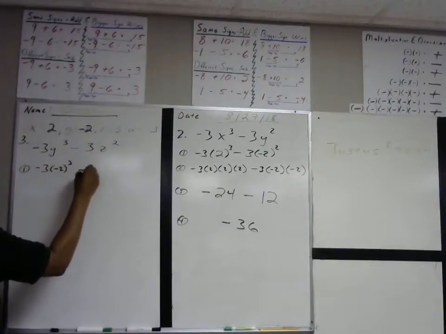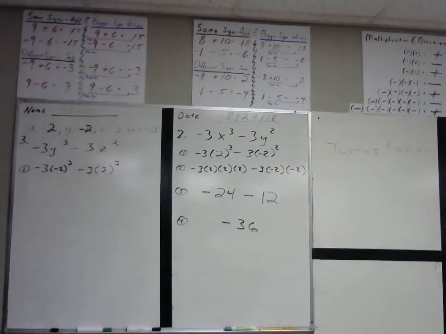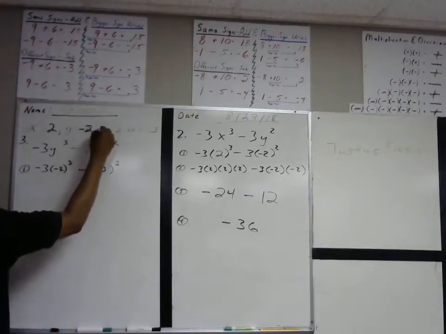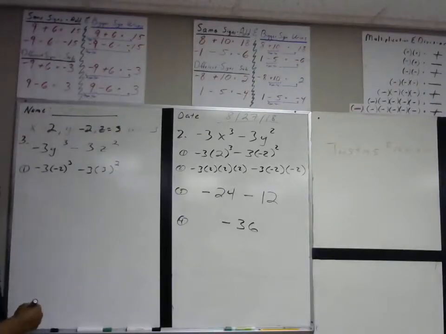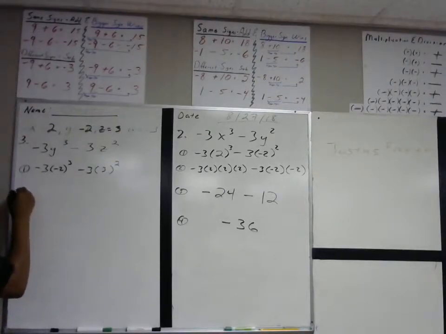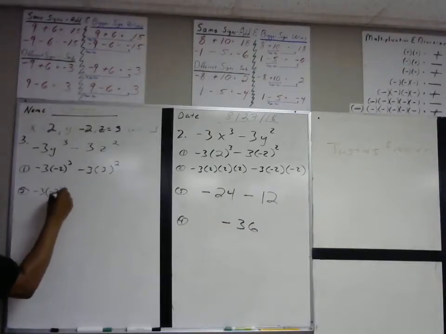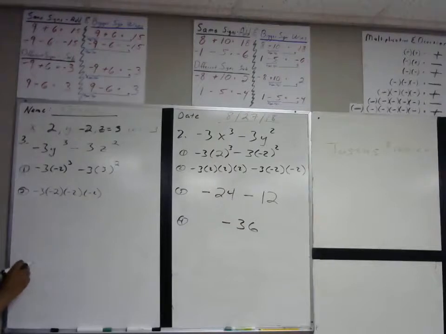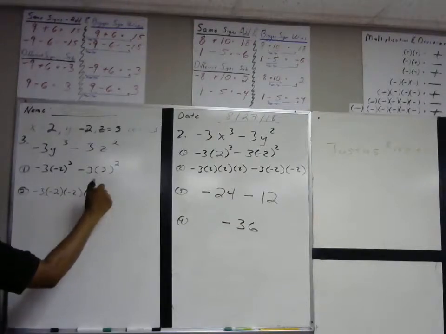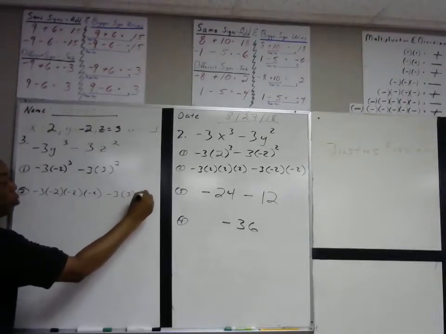And this becomes negative 3 parentheses 3 to the second power. And again, I knew that because my z will be substituted with a 3. Okay, step 2 will be expansion. The expansion of this will be negative 3 parentheses negative 2 parentheses negative 2 parentheses negative 2. And expansion of this will be negative 3 parentheses 3 parentheses 3.